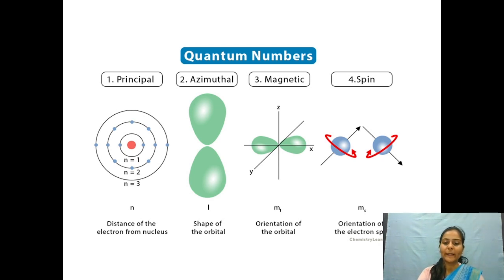The third one is the magnetic quantum number, which is represented by the letter small m, and it gives the orientation of the orbitals. Last but not the least is the spin quantum number, which is represented by the letter small s, or in some books the letter m with the subscript s. This gives the orientation of the electron spin.